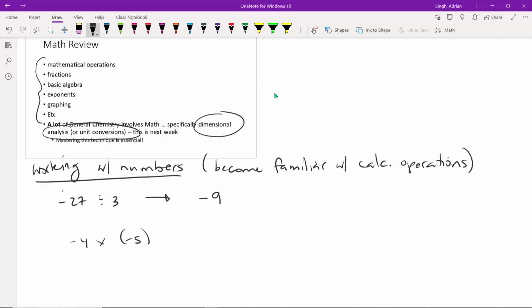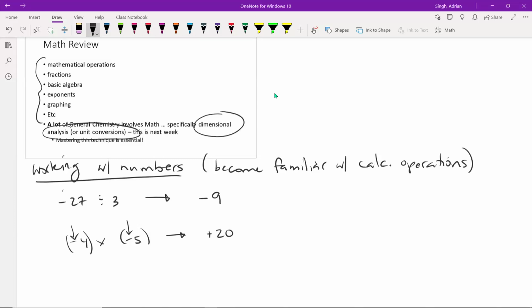Similarly, with the second one, we have negative 4 times negative 5. And again, you would want to enter this exactly as you see it. So you have your negative 4, you put that in first, times, and then you want to make sure you have your negative sign, 5. So 5 times 4 is 20. Now we have our signs here that are the same. When you have the same signs, you're multiplying or dividing, you end up with a positive value.